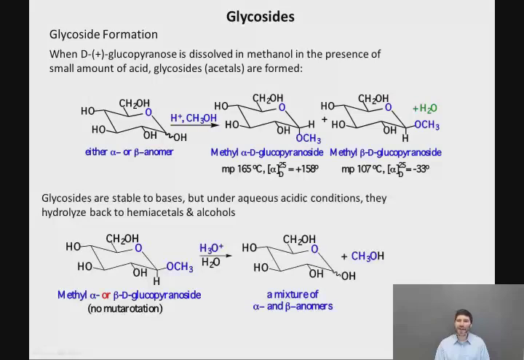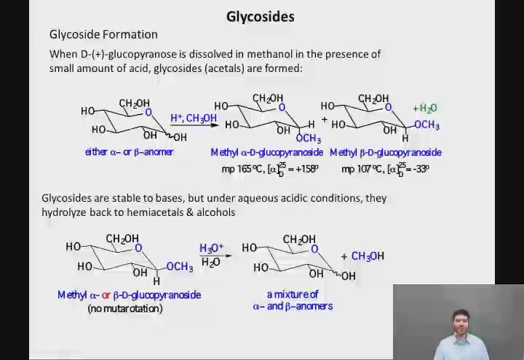Like any other acetal, glycosides are stable to basic conditions, but also like other acetals, under aqueous acidic conditions, they will hydrolyze back to the cyclic hemiacetal form of the sugar and expel the alcohol as a leaving group.